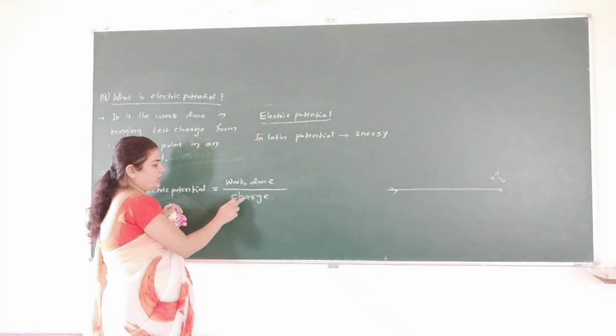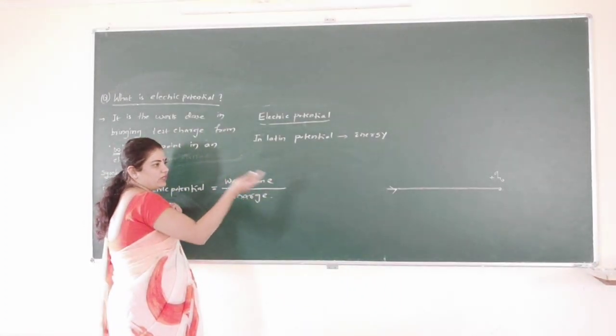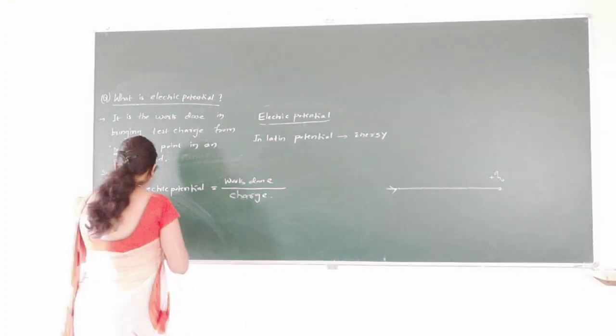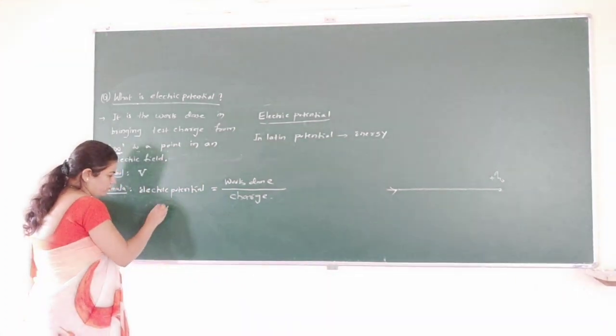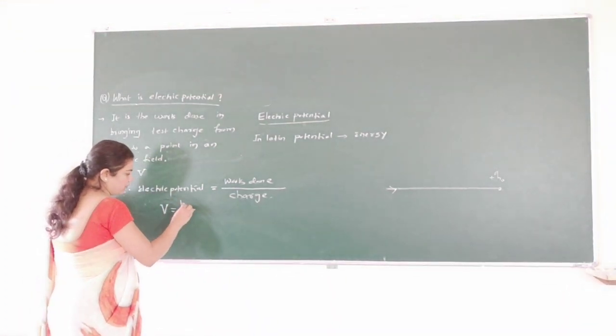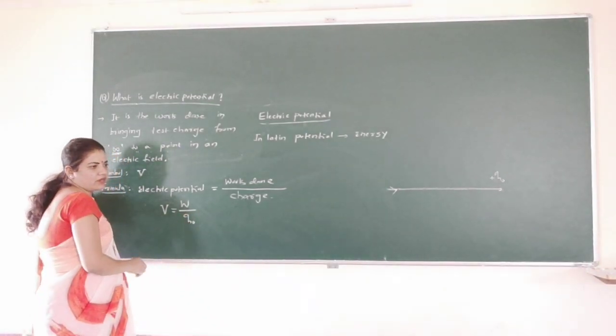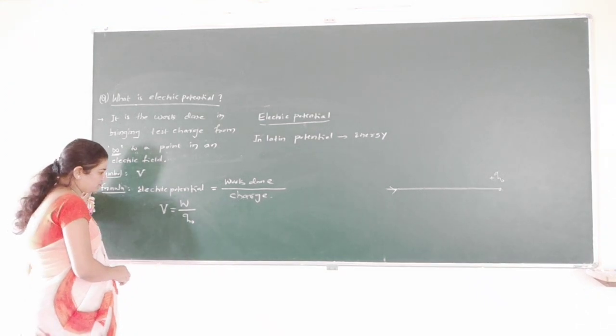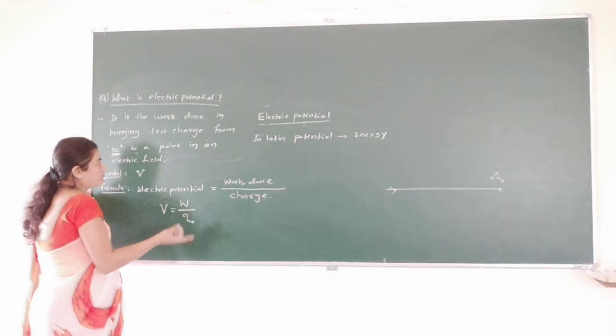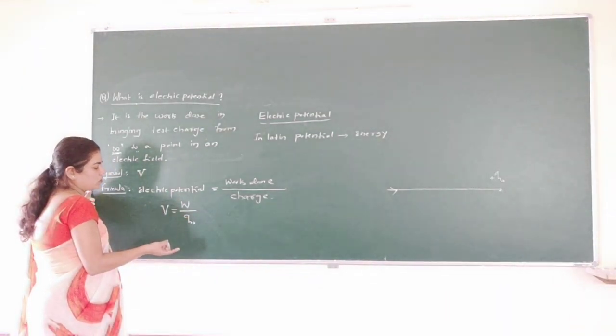Work done in moving a charge from infinity to a point in an electric field. Symbolically we write V equal to W divided by Q. In general we can write Q also. Okay. So on this equation we will define the electric potential.